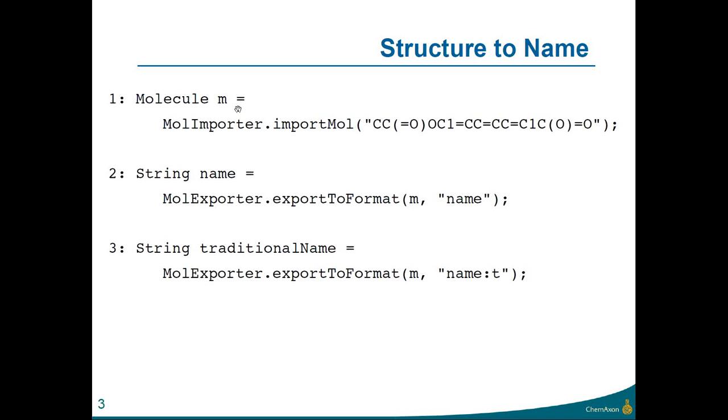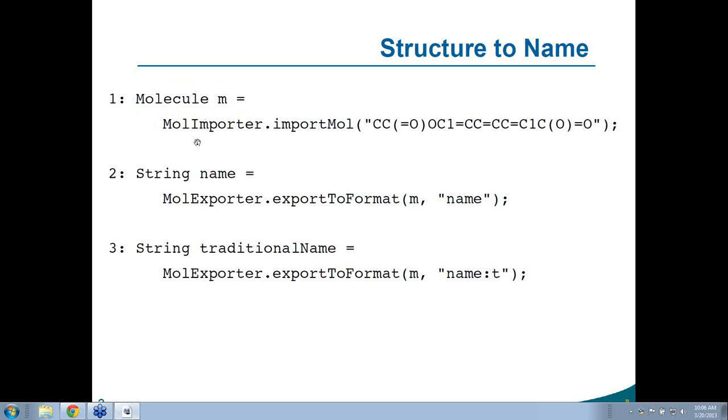In line 1, let's assume that we have a molecule. Here's an example of how we might get a molecule using the MolImporter API. This is a SMILES string, and so you import this molecule and get a molecule object. But you might have a molecule from any other way. And here we are using the structure to name API.